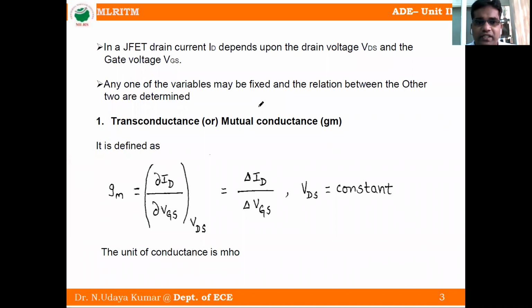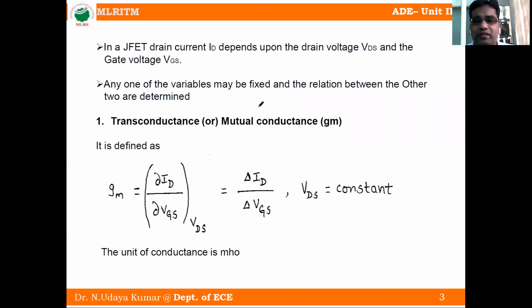So today we will see some characteristics parameters of FET. We have seen that FET has three terminals, so two voltages exist. One is VDS, the drain voltage from drain to source, and VGS, the gate voltage from gate to source, and the drain current is also there.